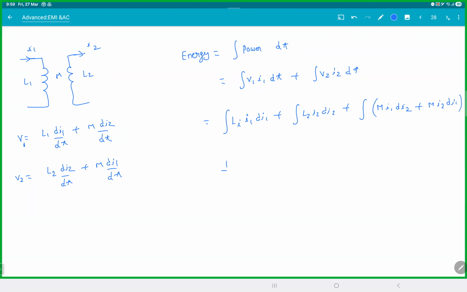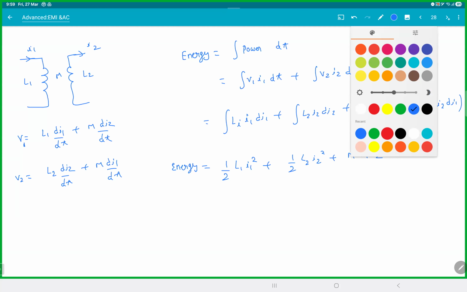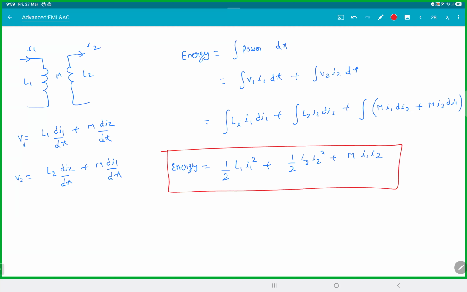So this will be half L1 I1 squared plus half L2 I2 squared plus M I1 I2. This will be the total energy stored in a circuit with mutual inductance. Where half L1 I1 squared and half L2 I2 squared are what? These are the self energies, the energy stored in the inductor.